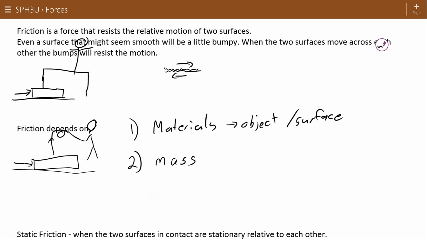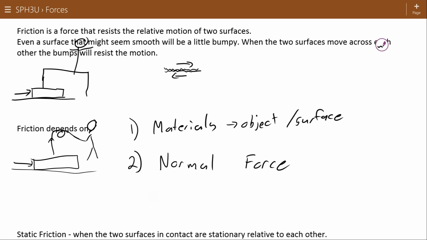Now it's going to be much easier to push that textbook across the top of that desk. In both of those situations, the mass of the textbook itself hasn't actually changed. So if we want to really think about it, what's the best measure of how much force of contact there is between the surface and the object that's resting on the surface? And the answer is, it also depends on the normal force.